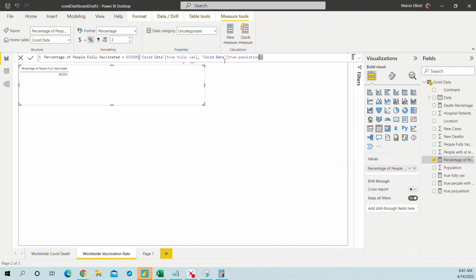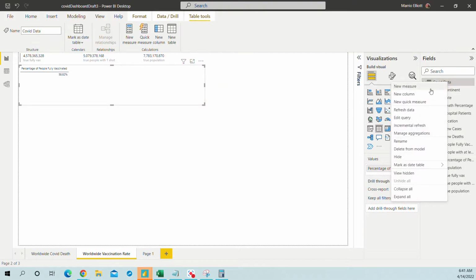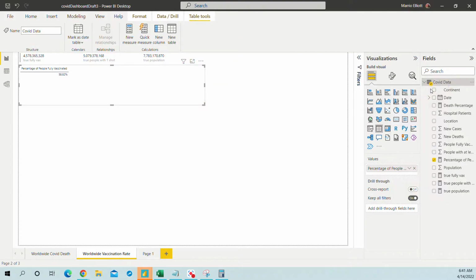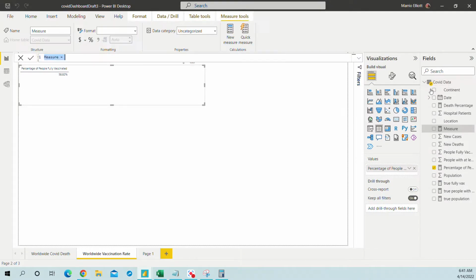Let's make this easy on ourselves. We're just going to copy that, and do another measure, and we're going to do percentage of people with one shot.